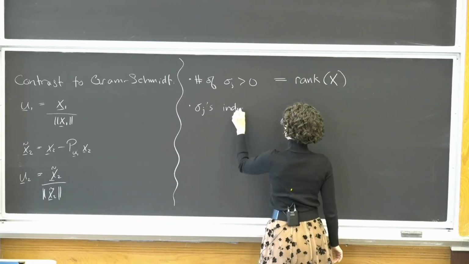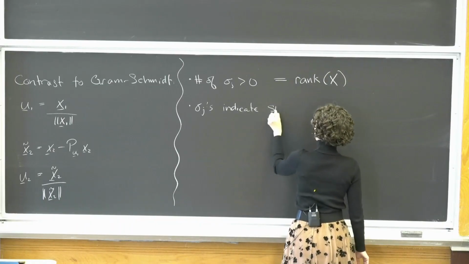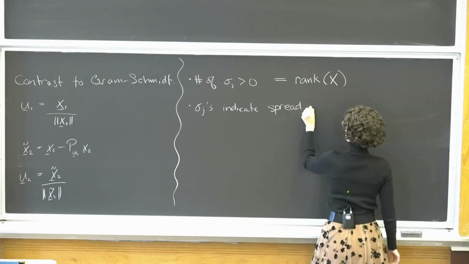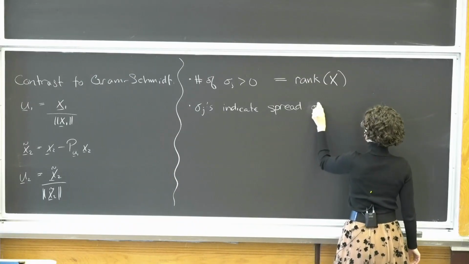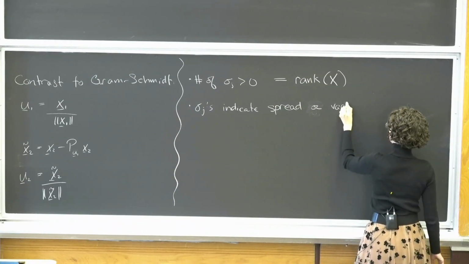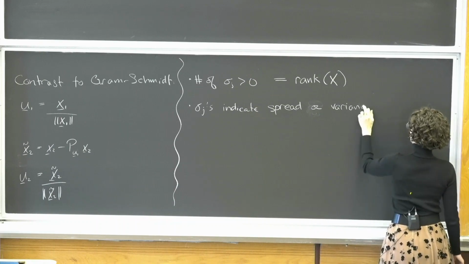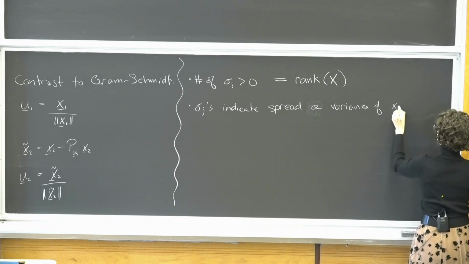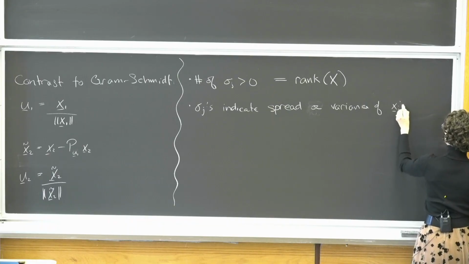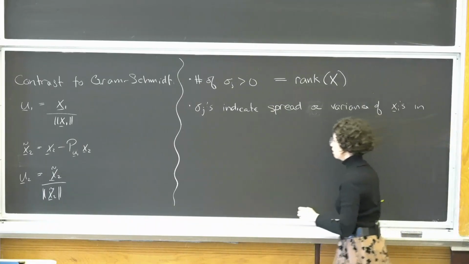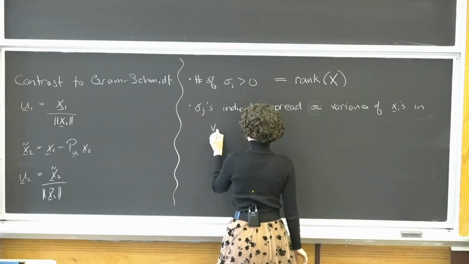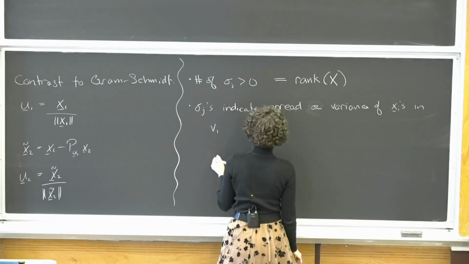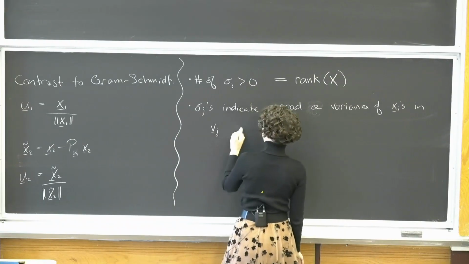In addition, the sigma j's indicate the spread or variation, or maybe I should say variance, of the xi's in the vj direction.